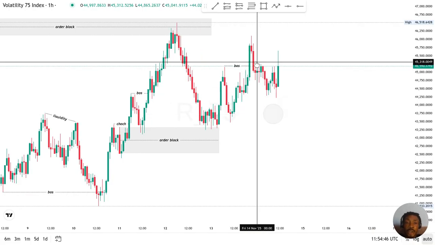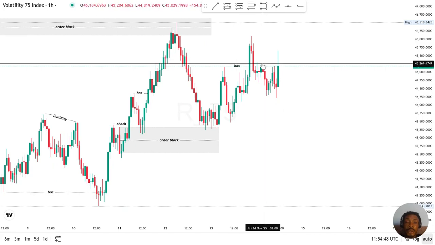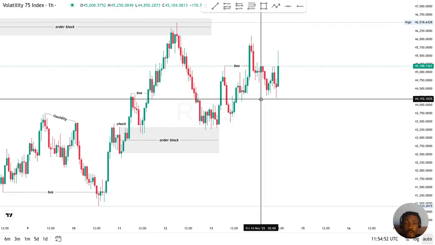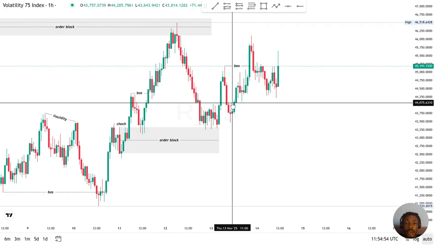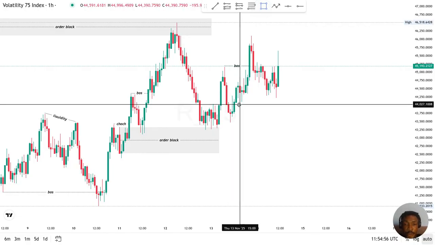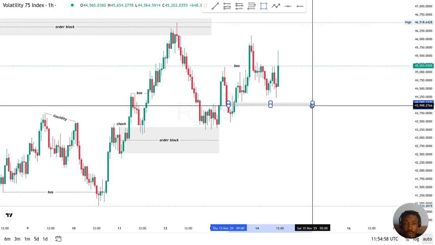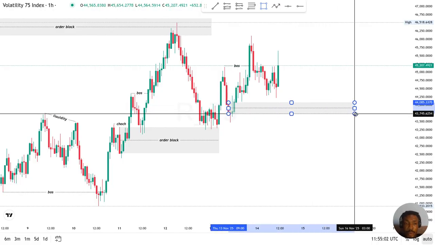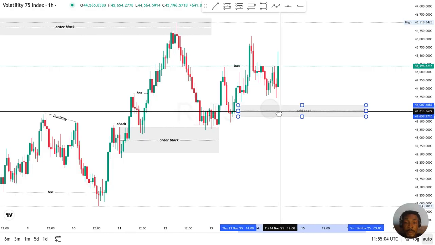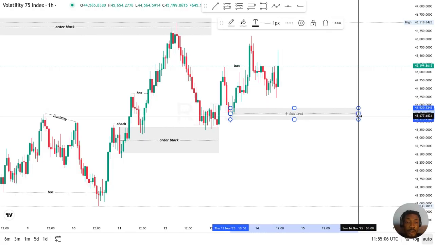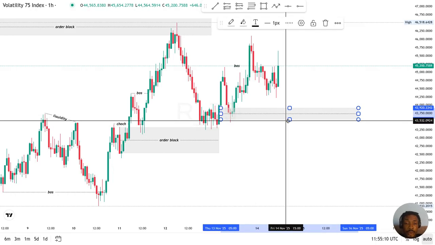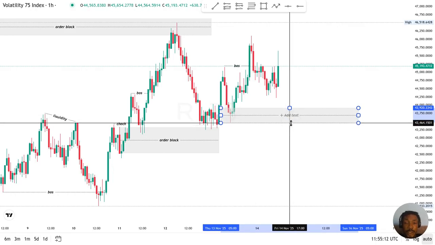Then we look for the origin of this break of structure. Like we said, it's normally the last or the two red candles before the market started buying.